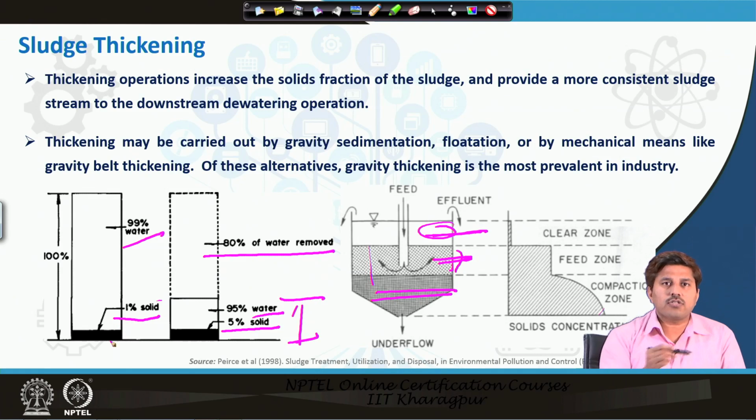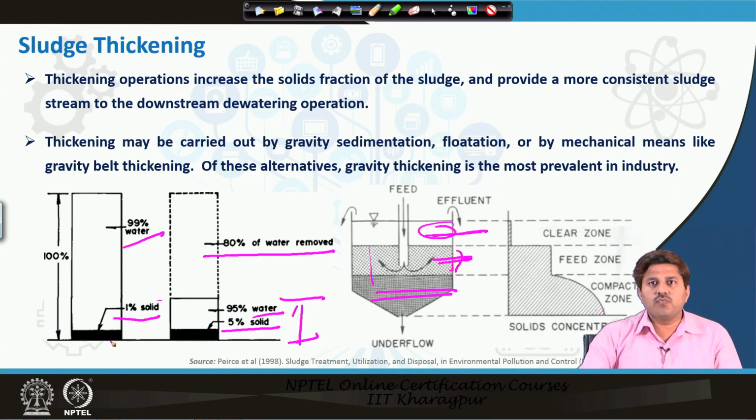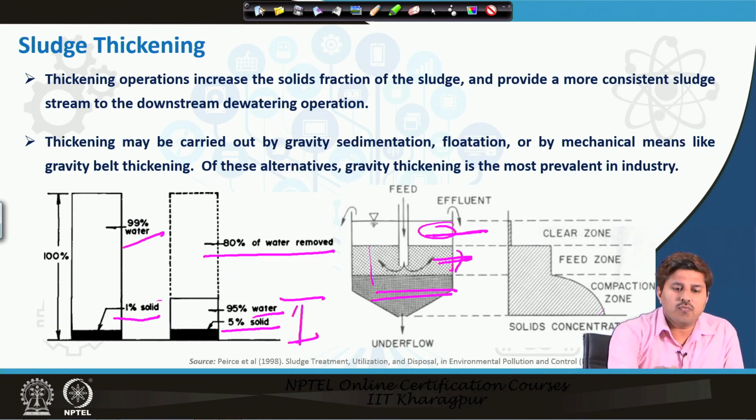We increase the solid content by 5 times, so we reduce the total volume by 5 times. So, we start with 1000 liters at 1% solid content. If you increase the solid content to 5%, the total volume you will have is just 200 liters, as the 800 liters will be washed off.